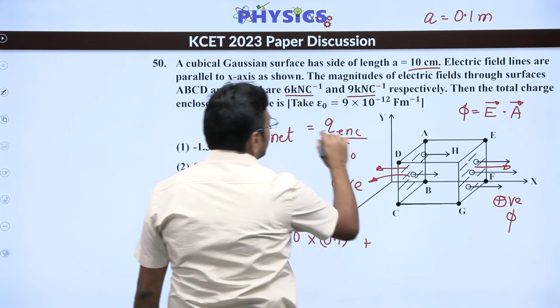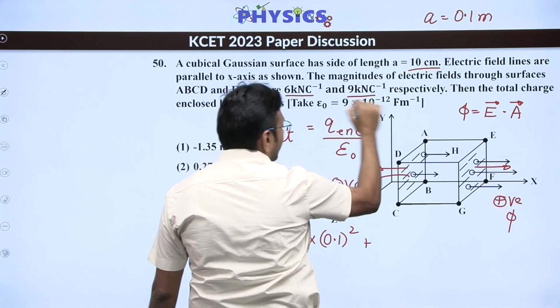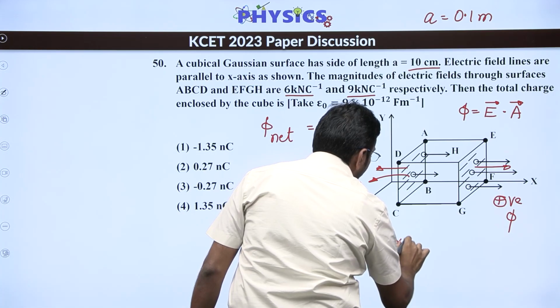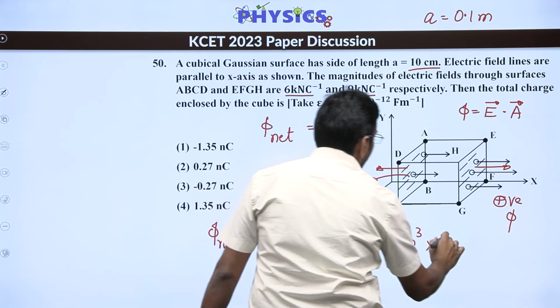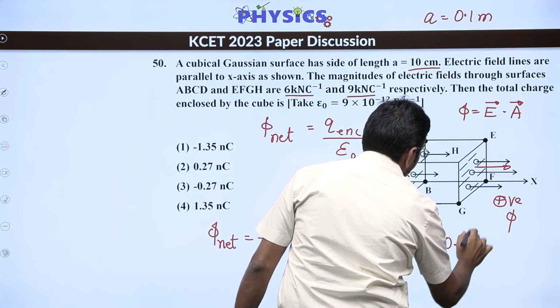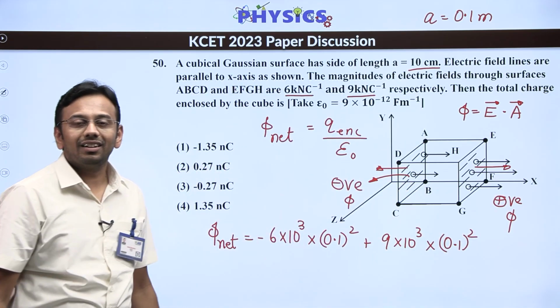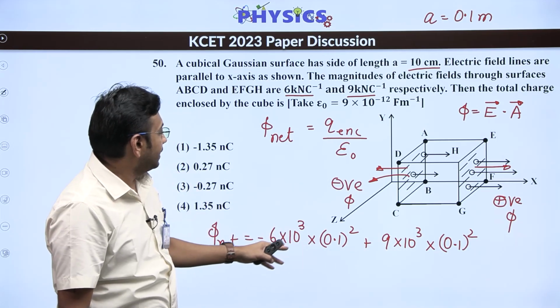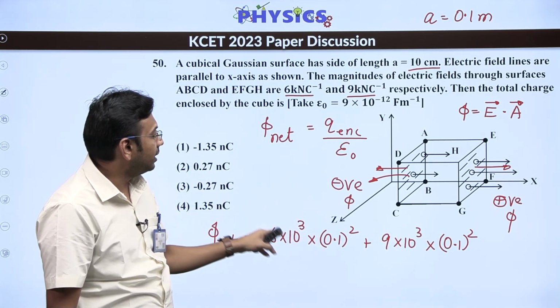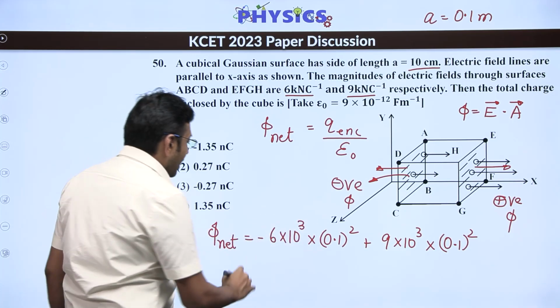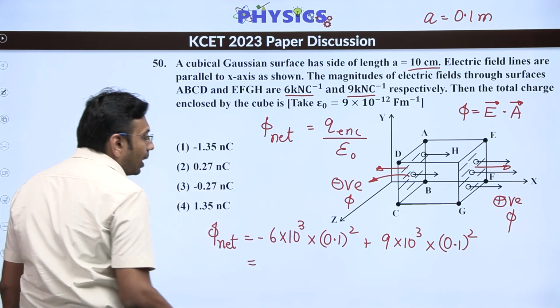The other flux is positive, so we have 9 kilonewton per coulomb, so 9 into 10 power 3 into 0.1 square. This is what we are getting. We can clearly see this 0.1 square will become 10 power minus 2, will get multiplied with this, and we will be left with only 1 power of 10.